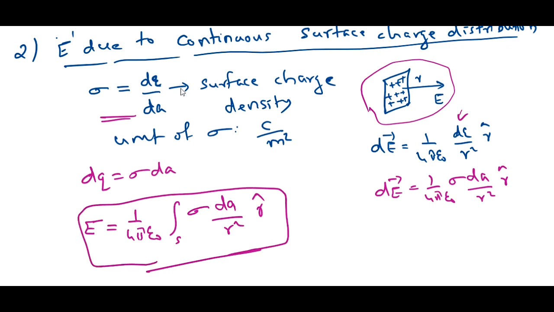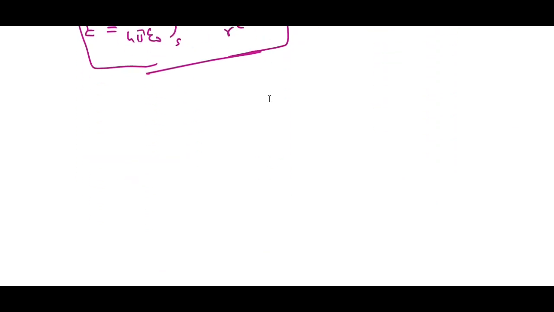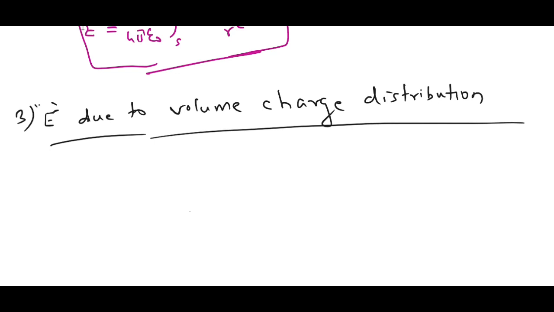Now let us go to the third distribution, that is electric field due to volume charge distribution. Consider a particular volume that is somehow charged, maybe positively or negatively. Here I consider this as positively charged.